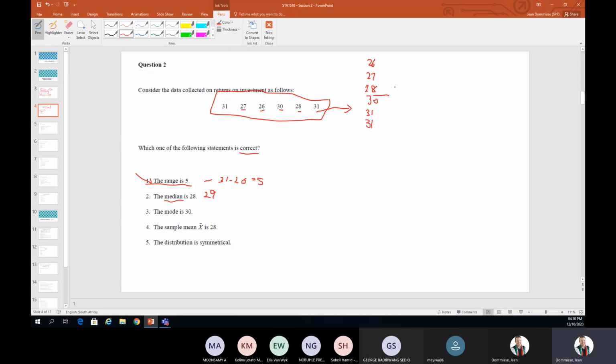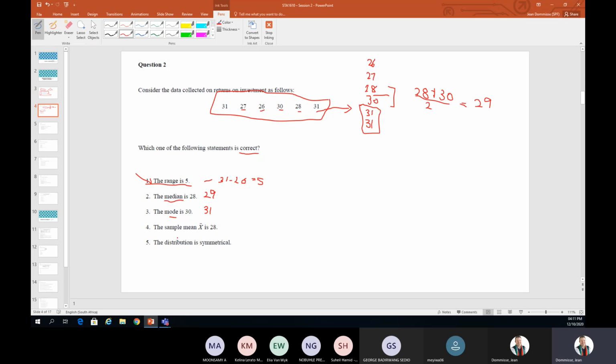Another way to calculate that median is to say 28 plus 30 divided by 2, and that will also give you 29. The mode is the one that happens the most. There are two 51s, so the mode would have been 51.